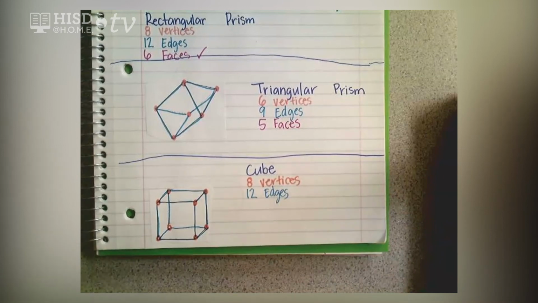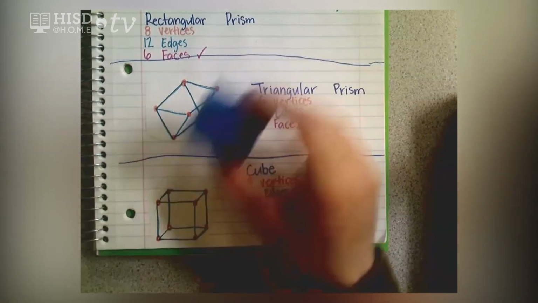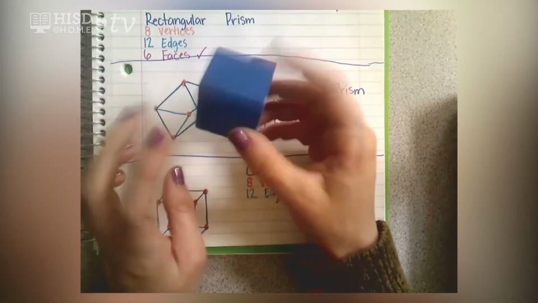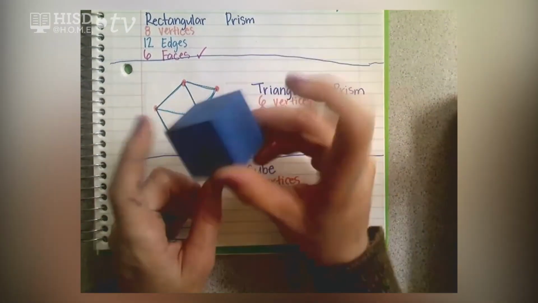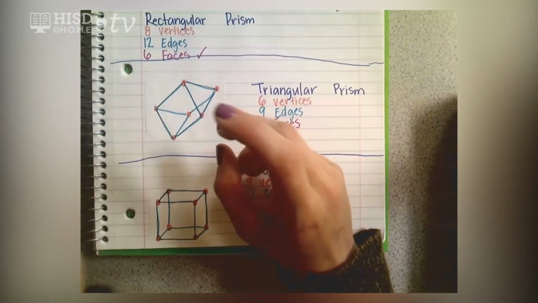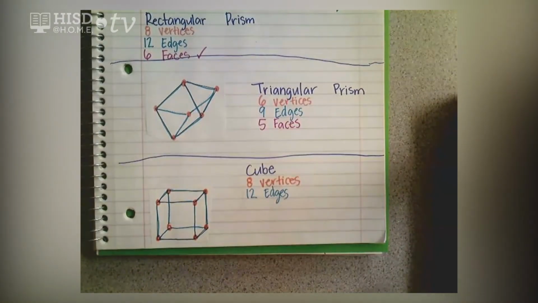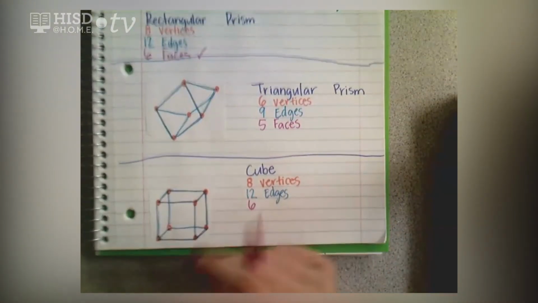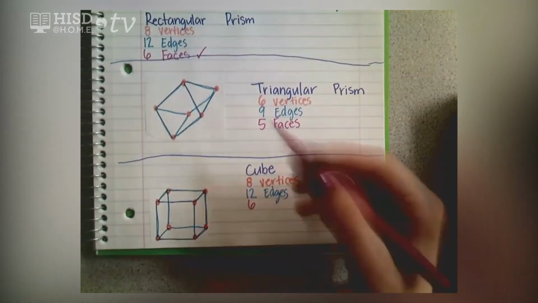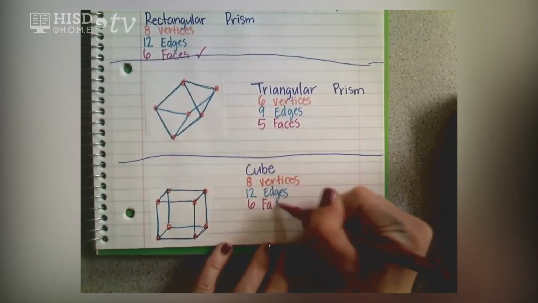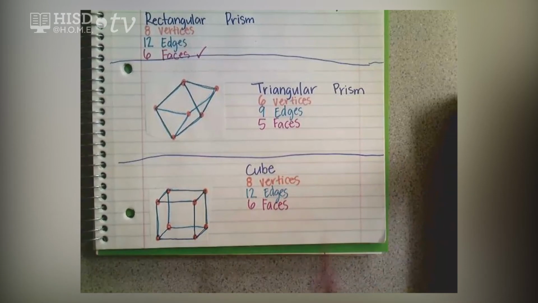And then if we're counting our figure, you can look at this. We have 1, 2, 3, 4, 5, 6 faces. About 30 more seconds to write this stuff down as well.